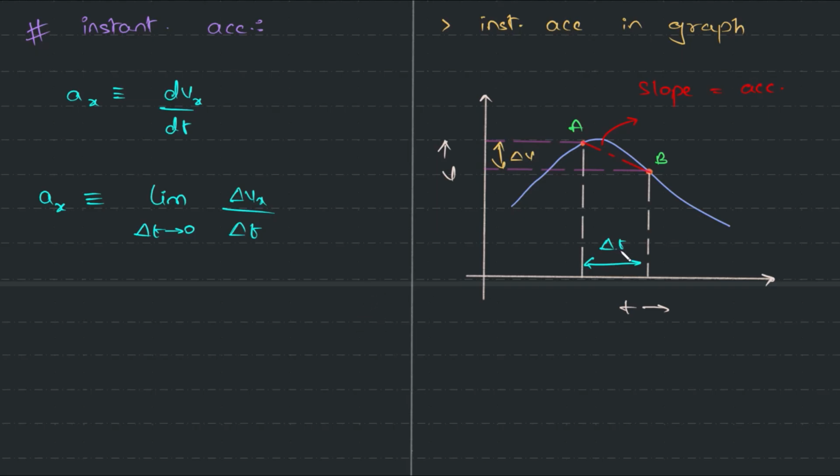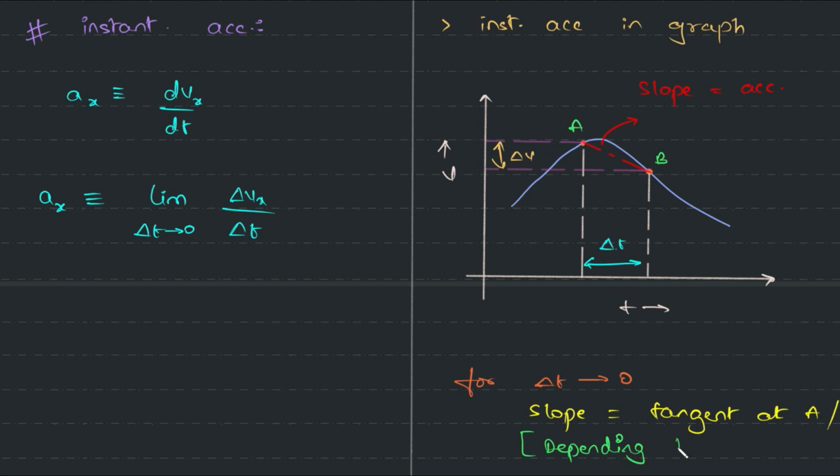So when delta t approaches 0, for delta t tending towards 0, the slope will be the tangent at A, provided B is moving. At A or B, actually, depends on which side you guys are moving, depending on the direction that is closing up.